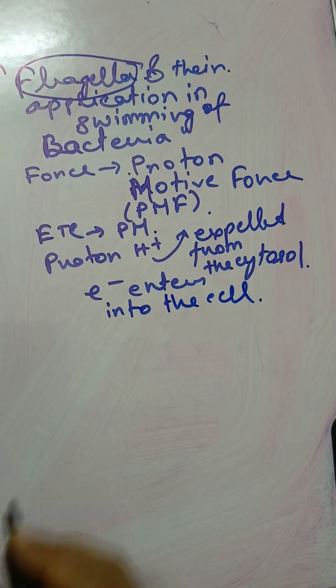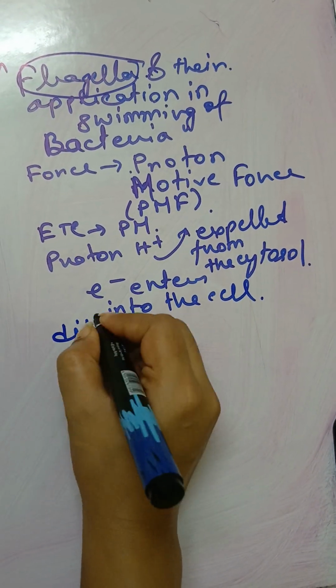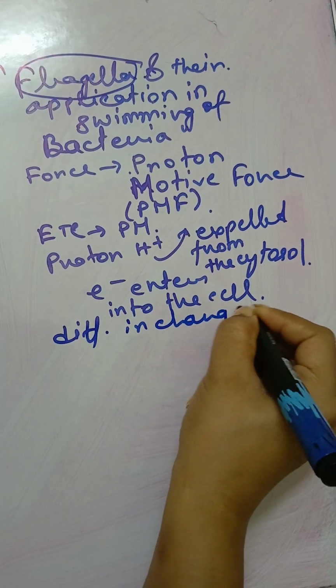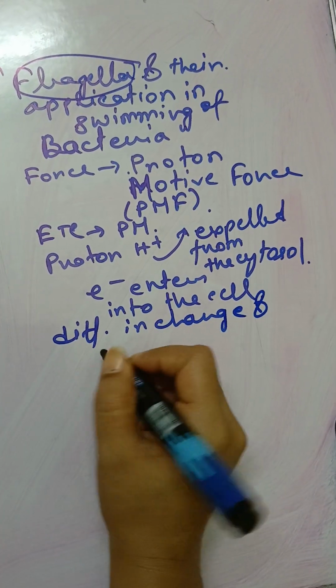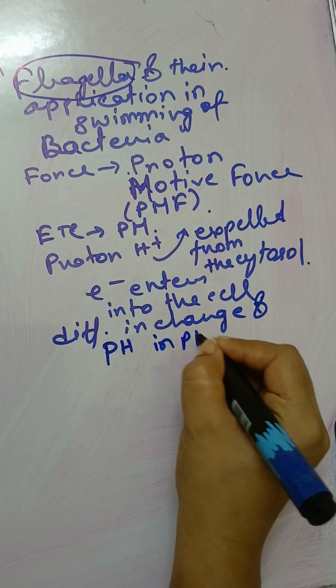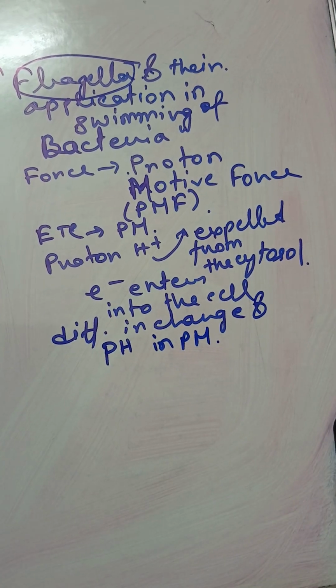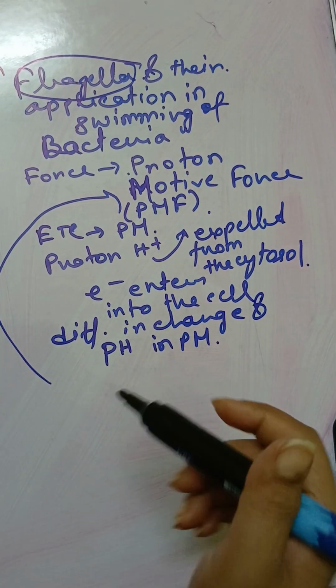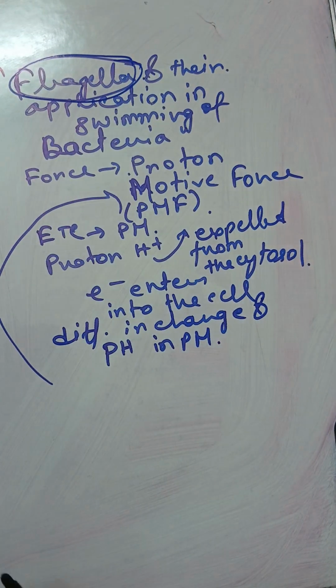That will create a difference in charge and pH in the plasma membrane region, and that difference is known as the proton motive force. This proton motive force is basically the driving force for flagella to rotate.